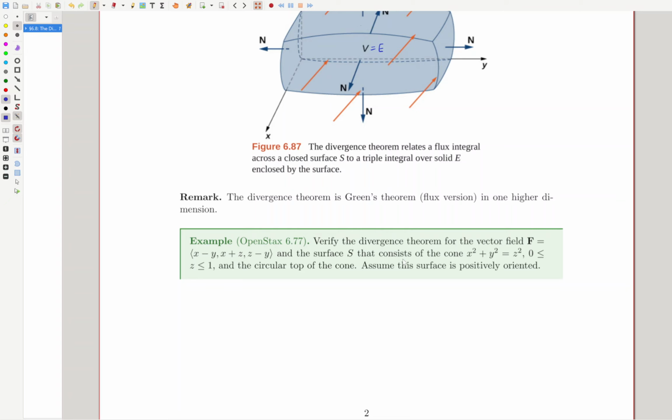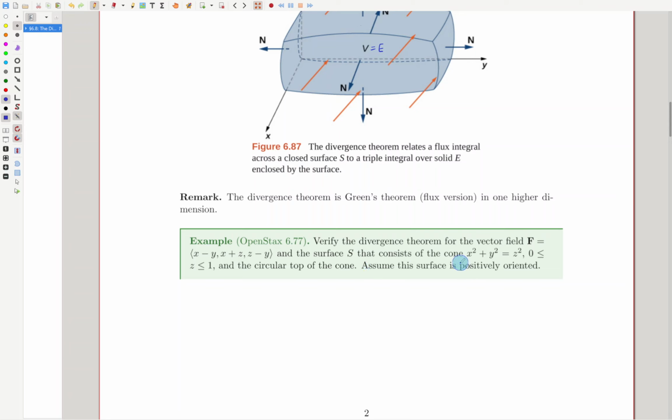All right, let's now start doing some examples involving divergence theorem. We're given this vector field, and we're given a surface S that consists of a cone, described like this, z from 0 to 1, and with a circular top.